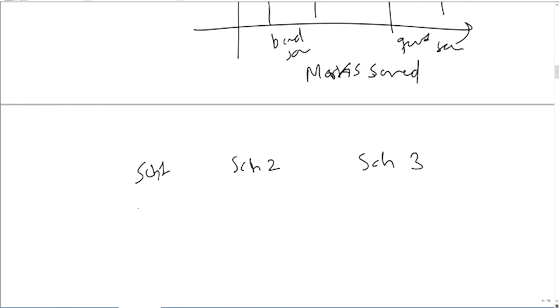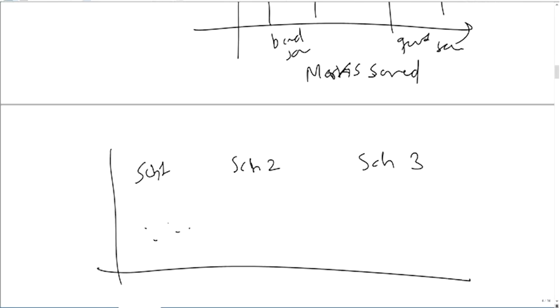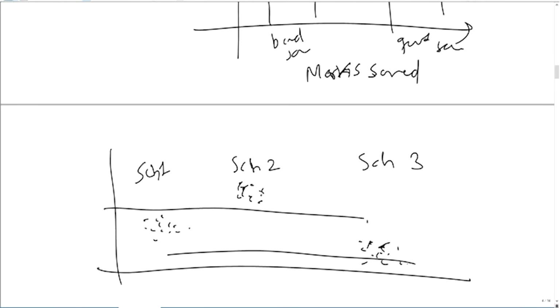Okay. So let's say school 1's scores are like this, school 2 scores are like this, school 3 scores are, let's say, like this. Okay. They are not at same level, there could be differences, right?